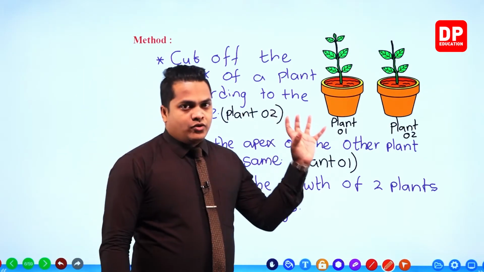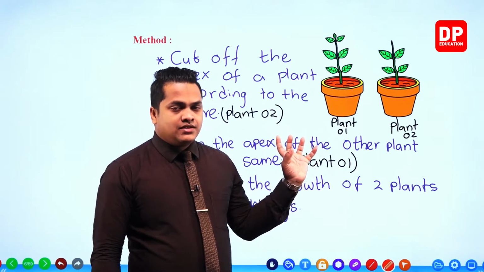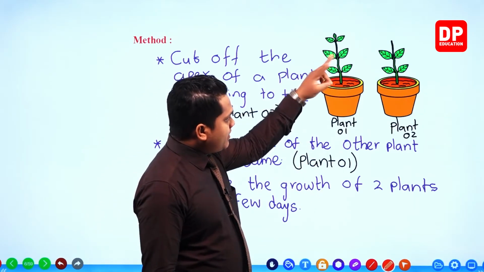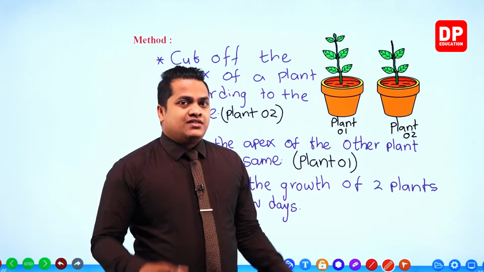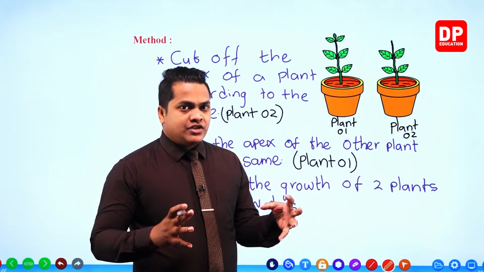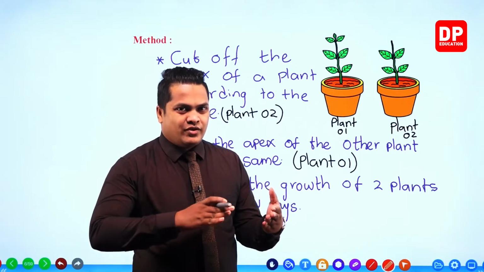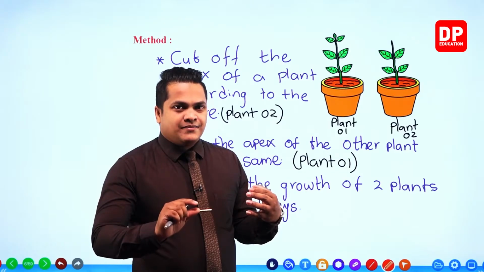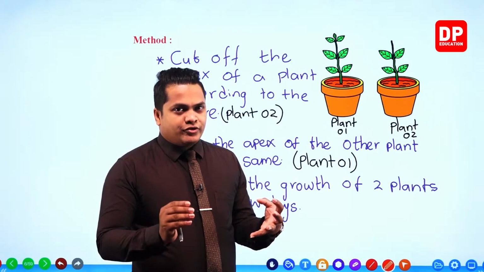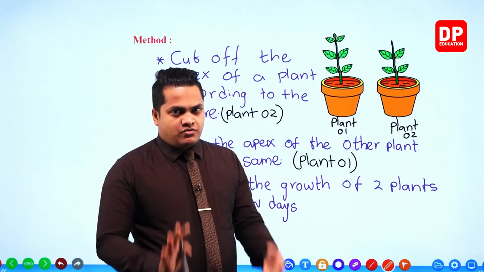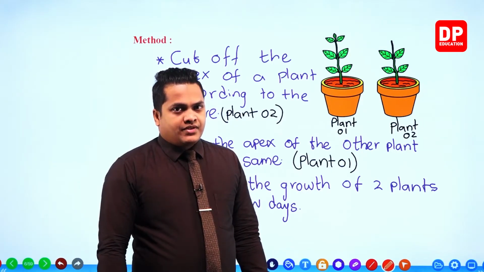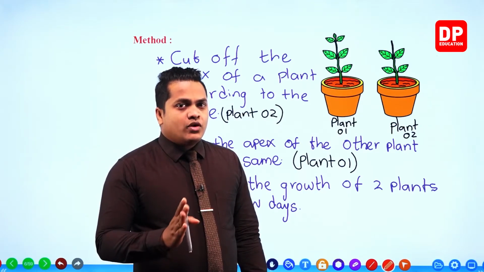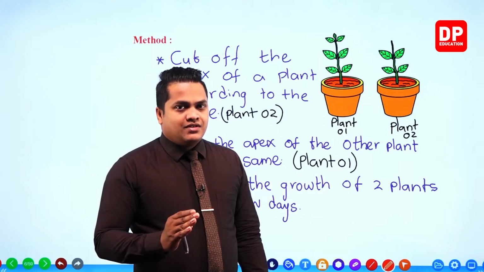So you know that we took these two plants to have the same height. After removing the apex, the height is not going to change that much. I mean, it's going to change by a very small bit of height, but it's not going to change by a dramatic amount. So after removing the apex, sometimes we won't be able to observe a change.